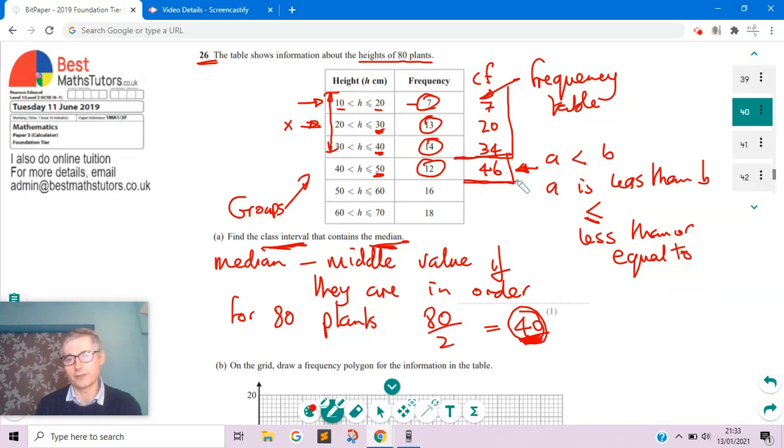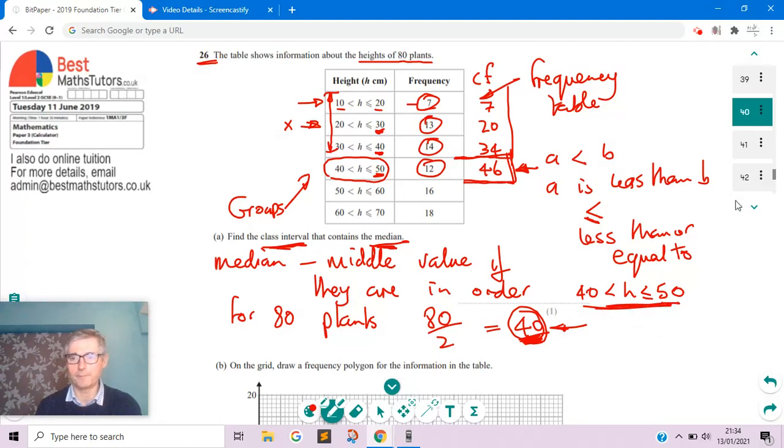By the time we got to the end of the group, we've got 46. So that means it contains the 40th one. And so our answer is this group. It says find the class interval that contains the median. So that would be 40 to 50.